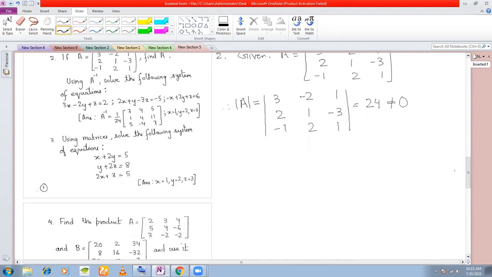Fine. So we know this. Now we proceed to find out the adjoint of A. Adjoint of A, you can check this.